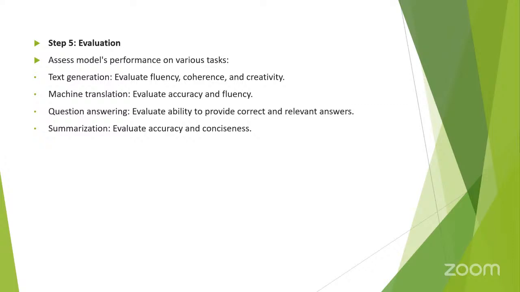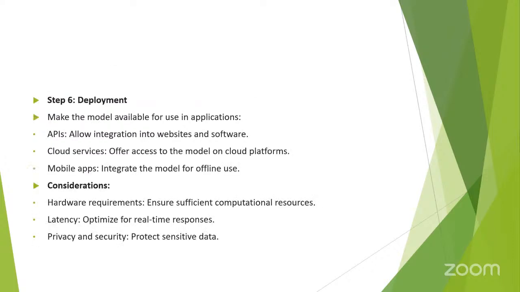For summarization, we can evaluate accuracy as well as preciseness. Then deployment: as we have evaluated our model performance and are satisfied with it, we want to deploy the model and make it available for use in applications. There are APIs, Application Programming Interfaces, which allow integration into websites and software.